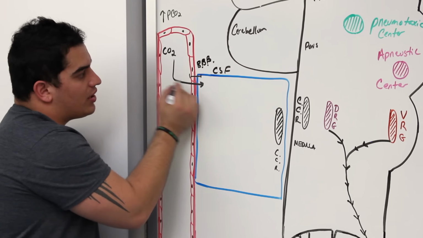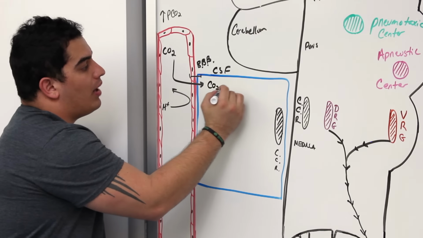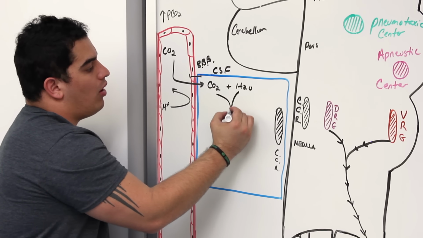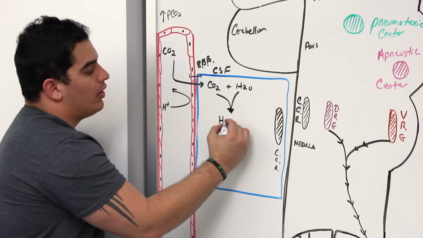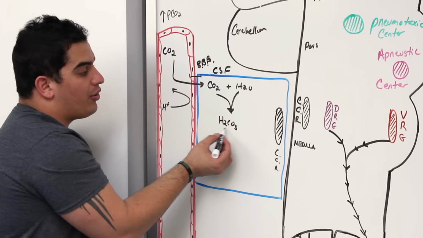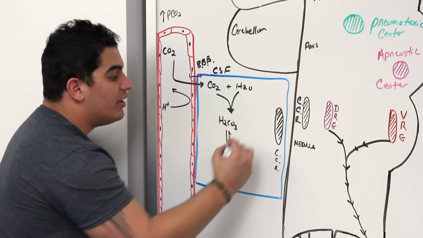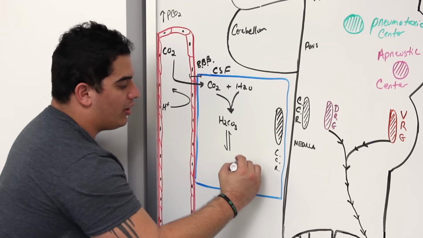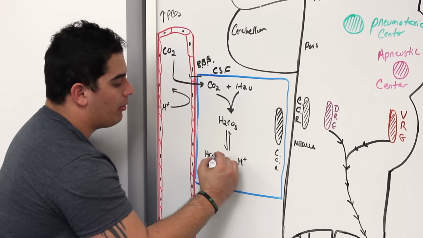When CO2 crosses the blood-brain barrier and goes into the cerebrospinal fluid, it will combine with water to form carbonic acid, H2CO3. Carbonic acid is very unstable, and it will dissociate into two chemicals: protons and bicarbonate.